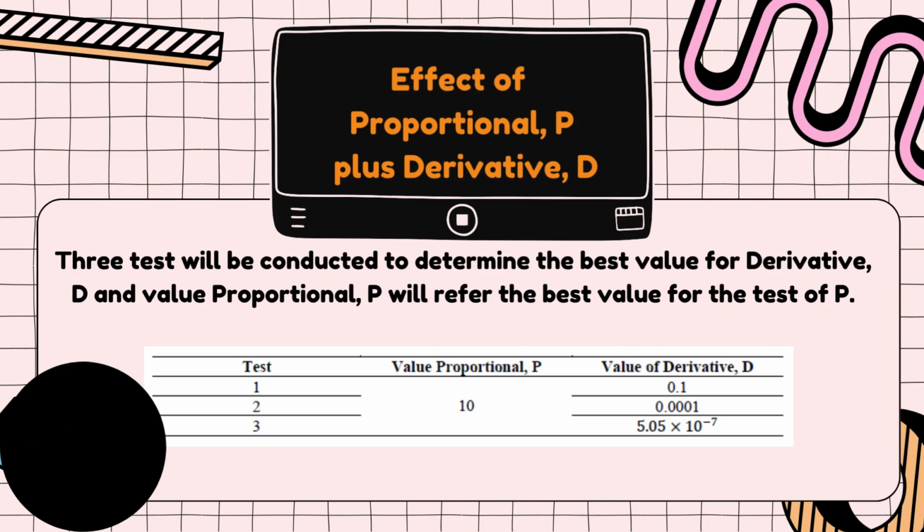After this, we will see the effect of proportional plus derivative, where the value of P is equal to 10. There are three tests that will be conducted to determine the best value for derivative, and the derivative values are shown in the table below.